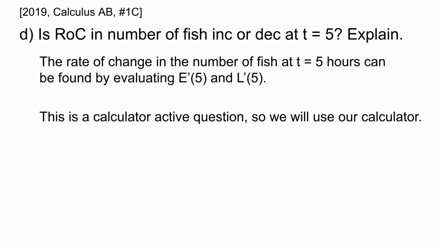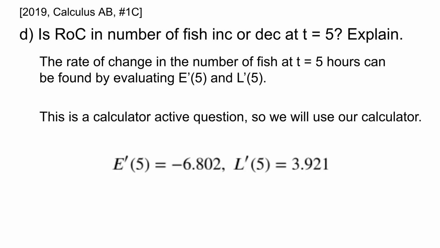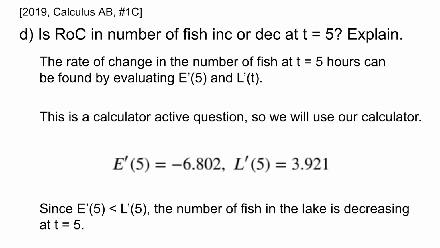And since this is a calculator active question, we'll calculate those using our calculator. Using our calculator, E prime of 5 is negative 6.802, and L prime of 5 is 3.921. And since E prime of 5 is less than L prime of 5, the number of fish in the lake is decreasing at t equals 5.